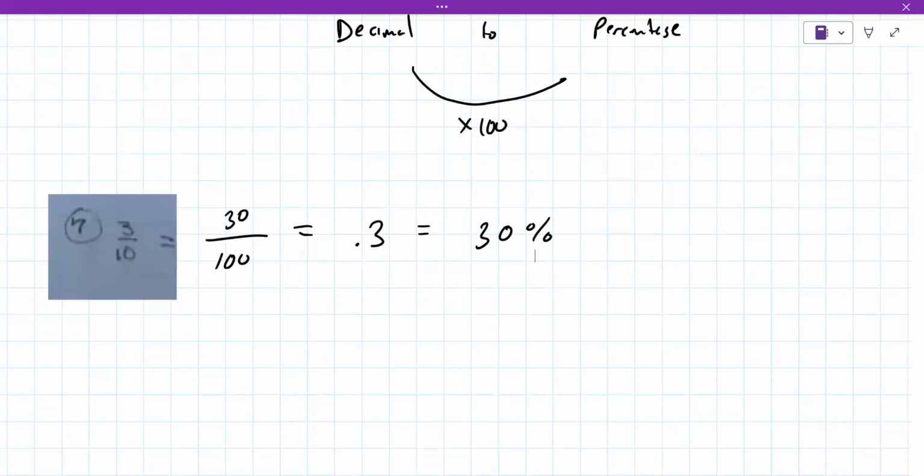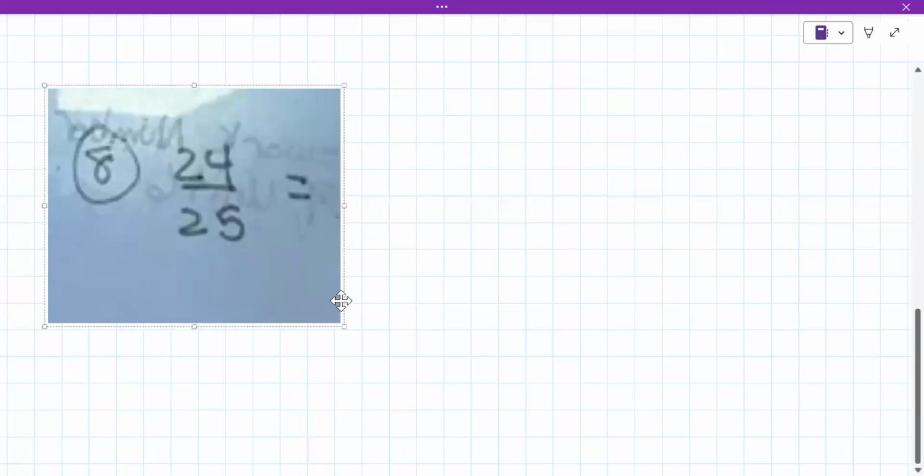All right, so we got number 8 next here. So it becomes a multiplication game. So what would that be in the numerator? 240? Say that one more time. 240?